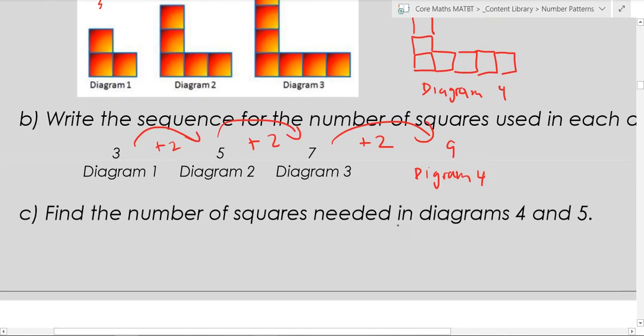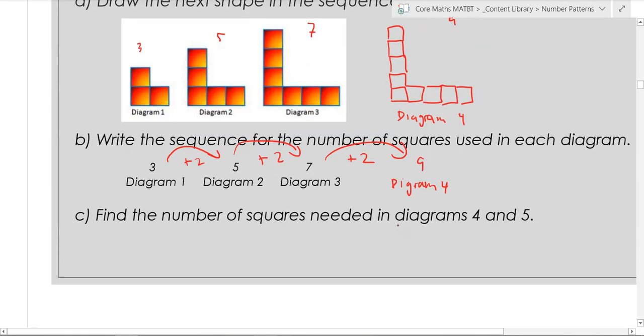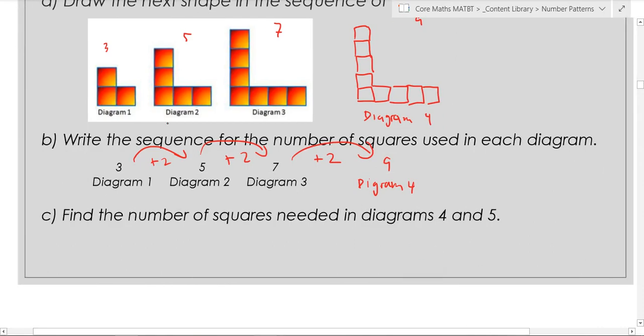Find the number of squares needed for diagram 4 and 5. Okay, well, I've already got diagram 4. So I might use D1, D2, D3, D4, D5.